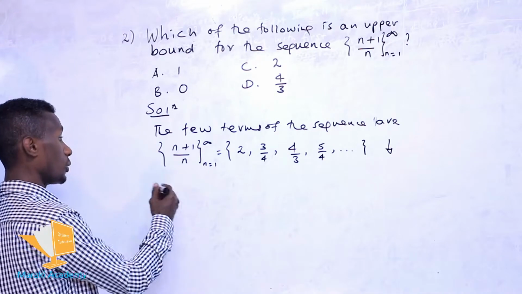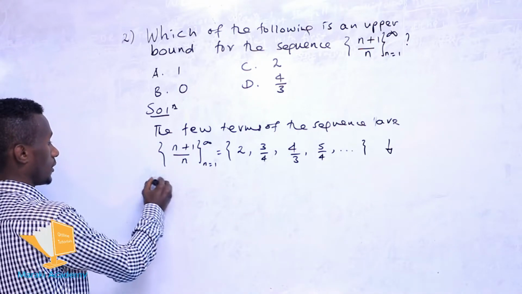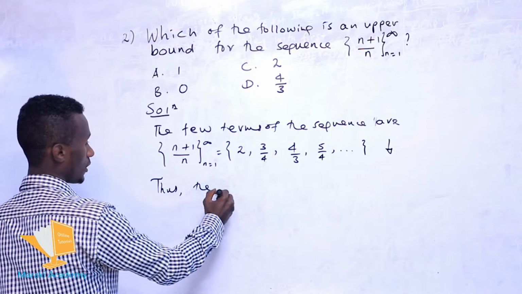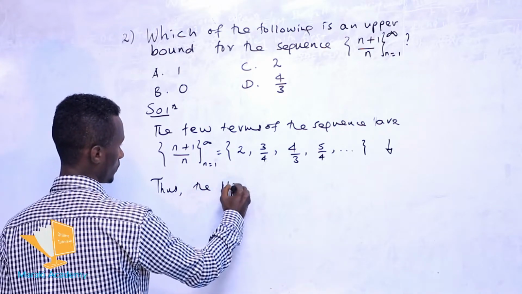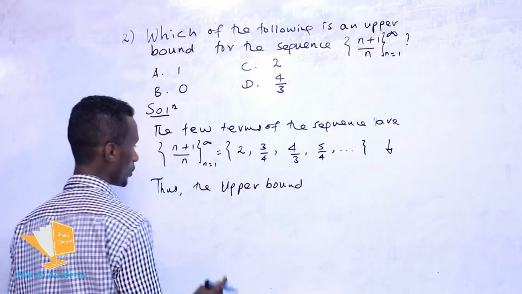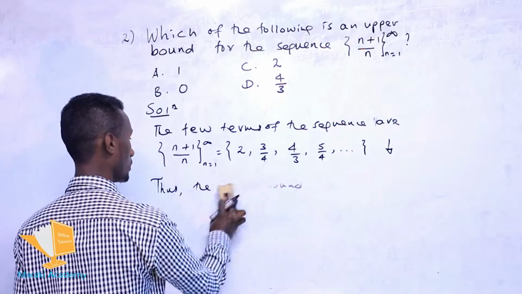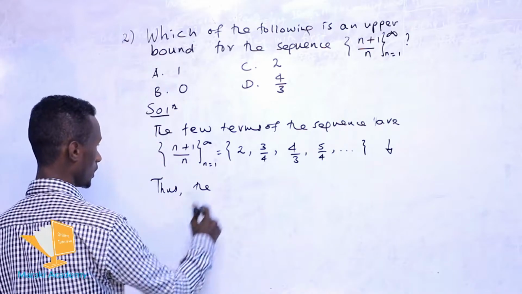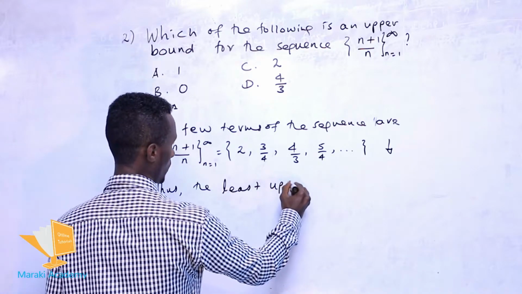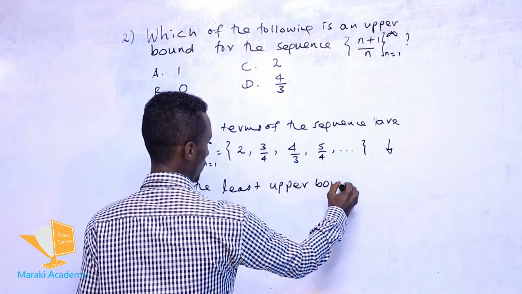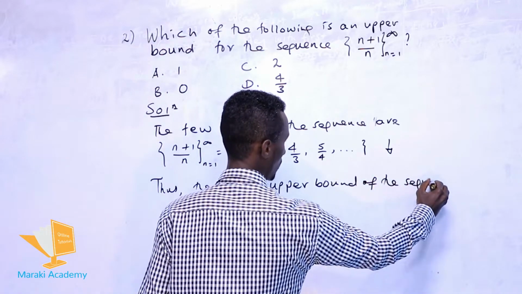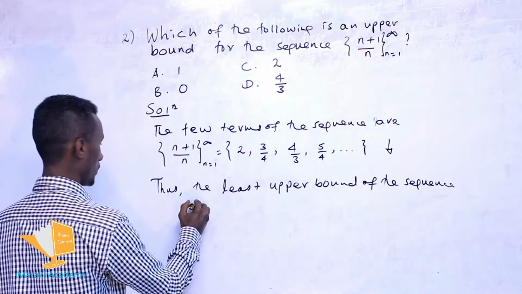So the sequence is decreasing. Therefore we determine the lower and upper bound. Thus the upper bound of the sequence, or we can say the least upper bound, is better to say. The least upper bound of the sequence is 2.